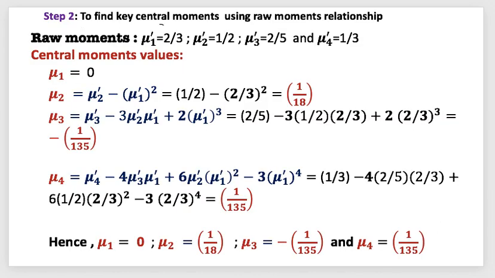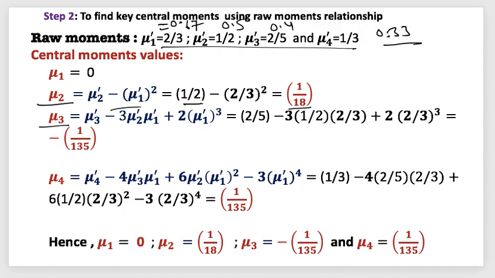We can write the decimal version also: 0.67, this is 0.5, this is 0.4, and this is 0.33. So you can use the decimal or the fractional. In this slide, I have used the fractional form. So mu2, when we substitute 1 by 2 and 2 by 3 square in the formula, we get 1 by 18.